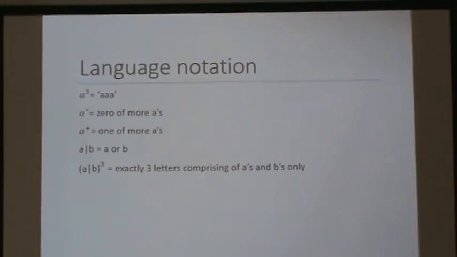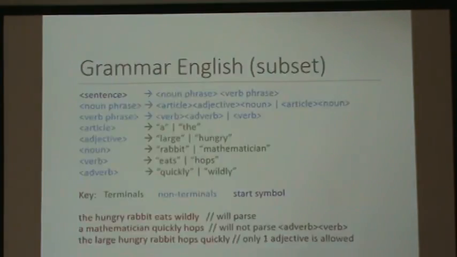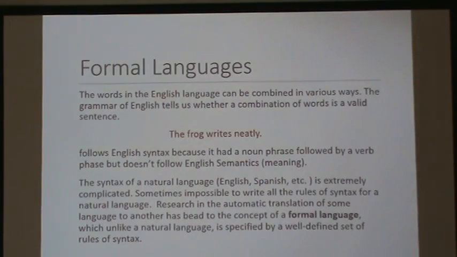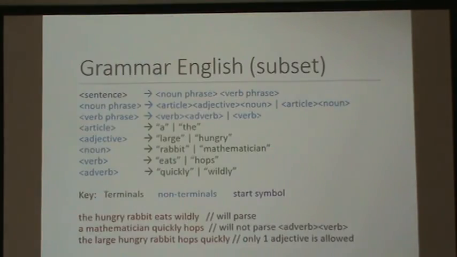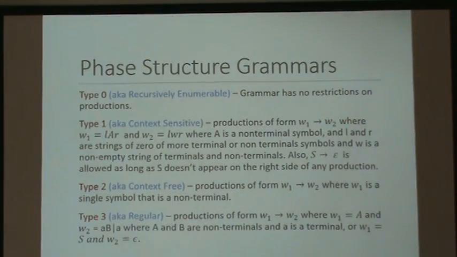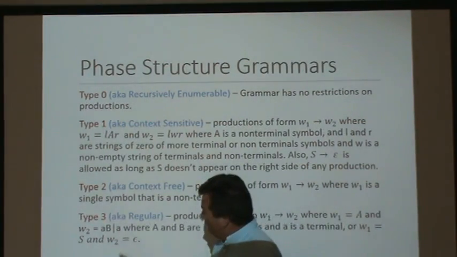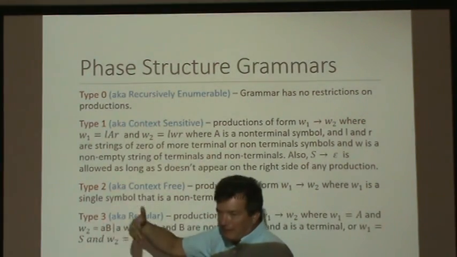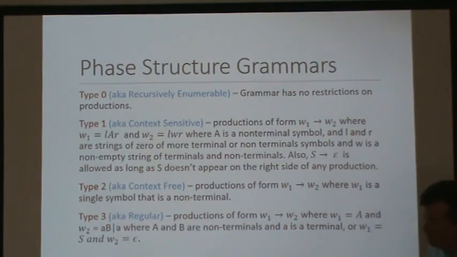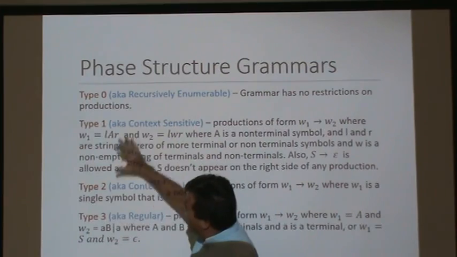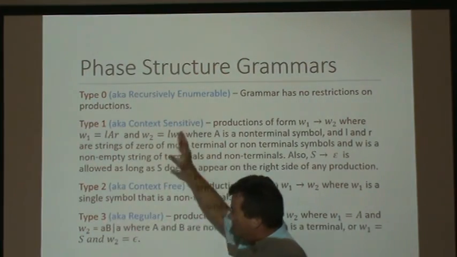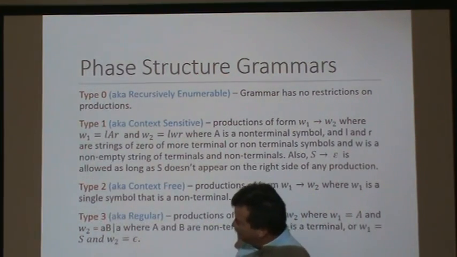Okay, so when we went back, very early, we did define the type 3 one, so that would be our first type of language we'll cover in our class. Some courses go from 0 to 3, some go from 3 to 0.